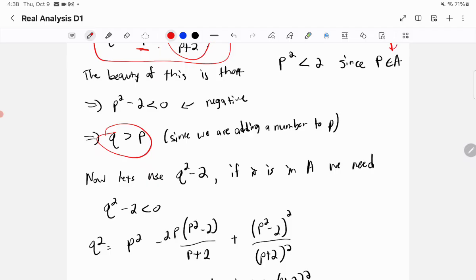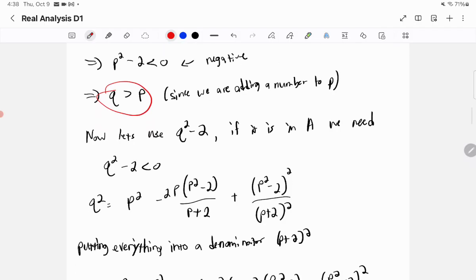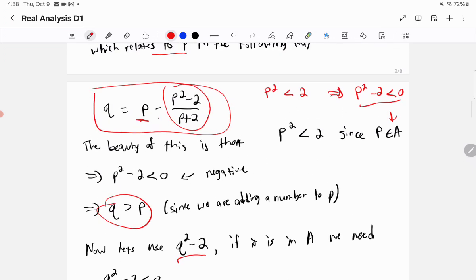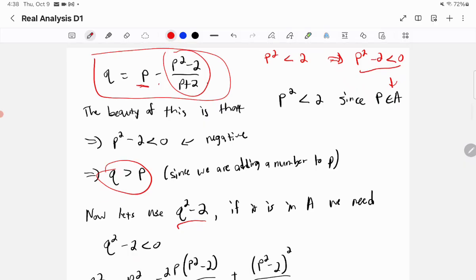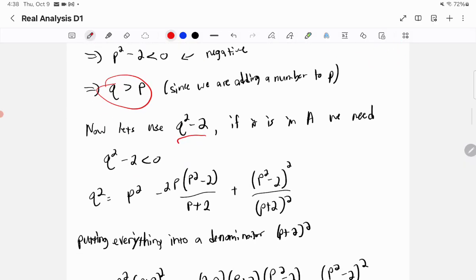So what that means is we can use Q squared minus 2, right? Well, we defined Q this way, so this is going to require a lot of algebra, and you'll see the algebra in a moment. I'm going to work it out for you.